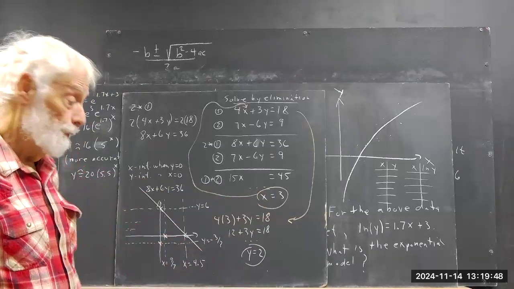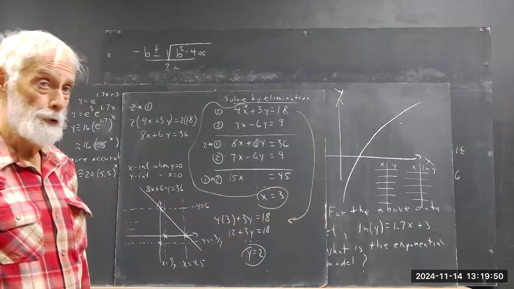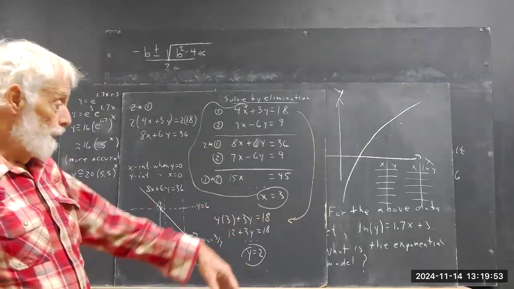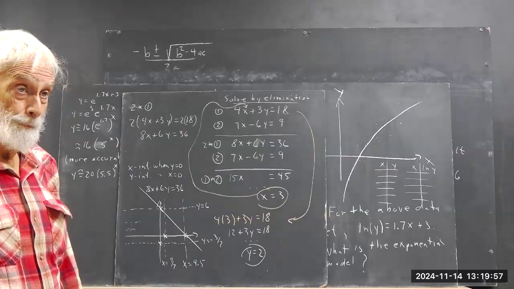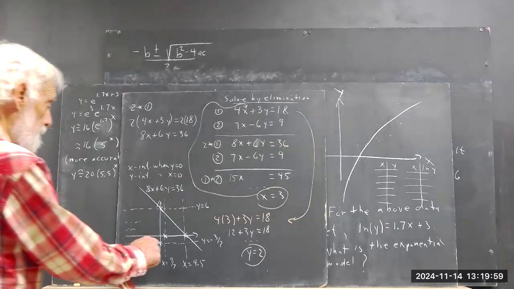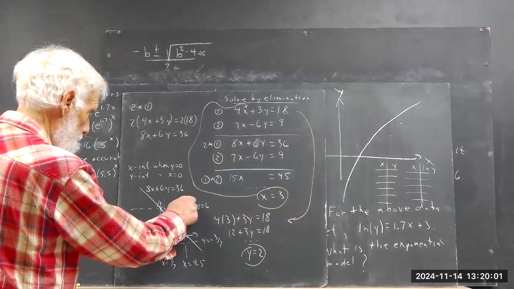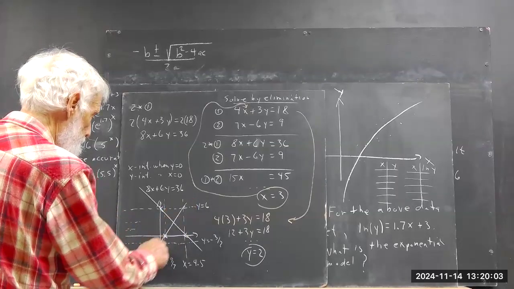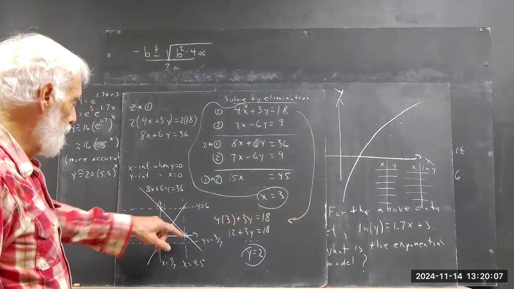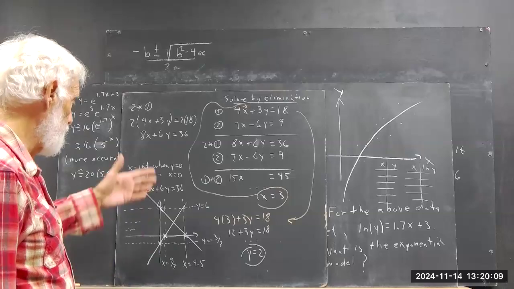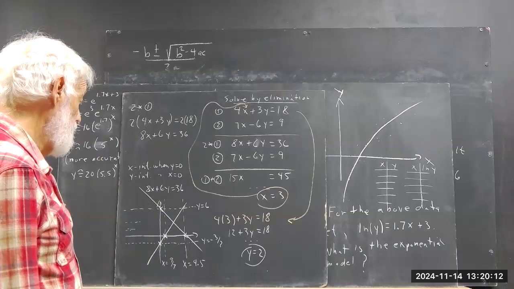x equals 3, y equals 2. But at least the solution should be in the vicinity of x equals 3 and y equals 2. Okay? So we sketch a line. I didn't intentionally go through this point, but let's see, 4.5 is y equals 6.